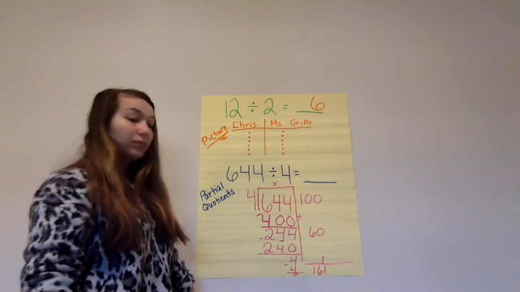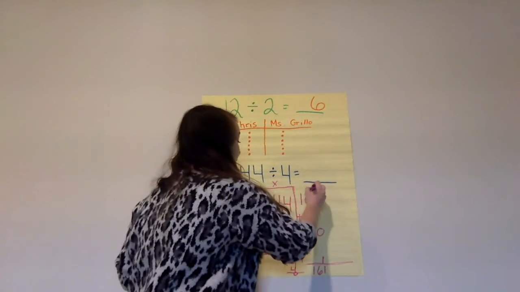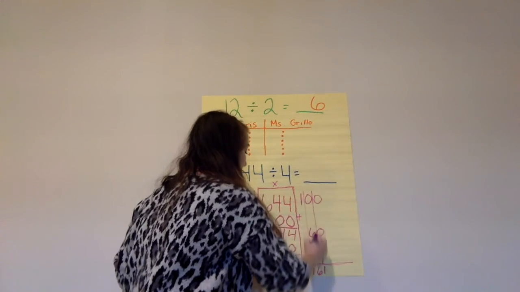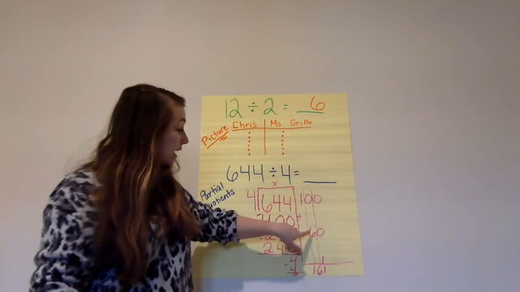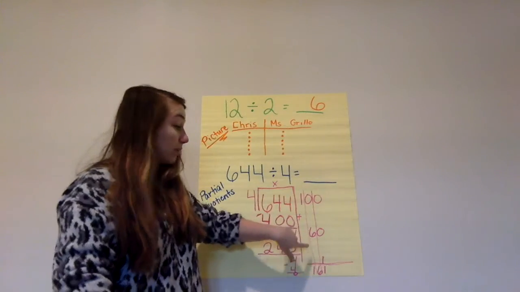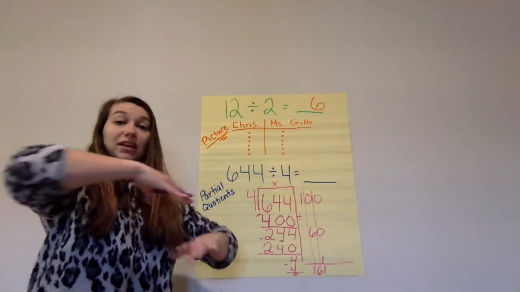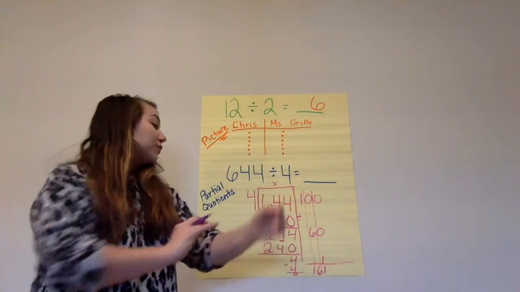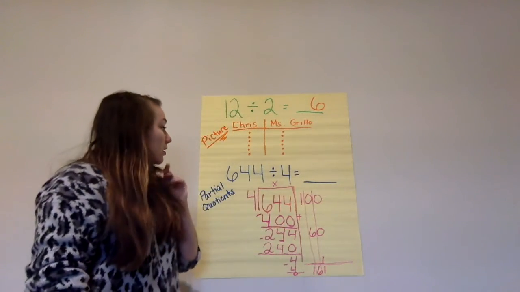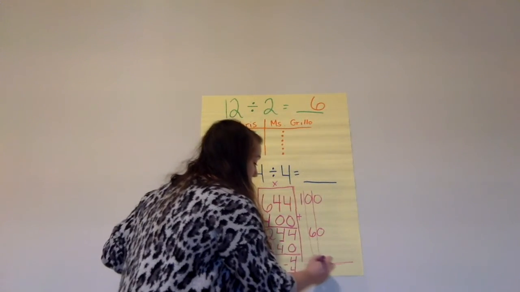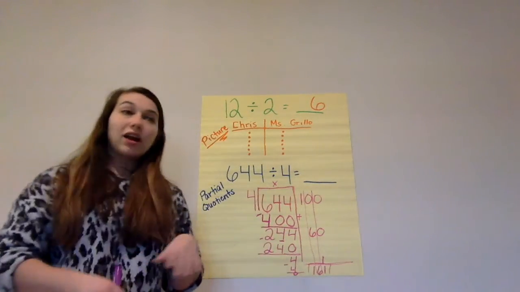100s. And I want you to notice that these place values are lined up, right? Because I don't want to be adding my 1 with my 6 because that's going to mess up my problem. So always want to make sure you are lining up those place values. So this number down here, 161, is our answer.